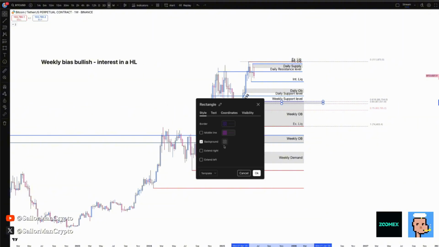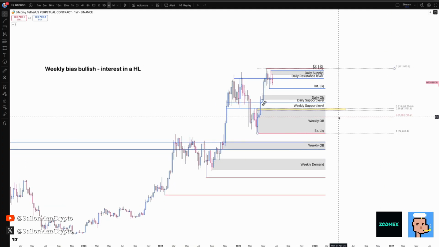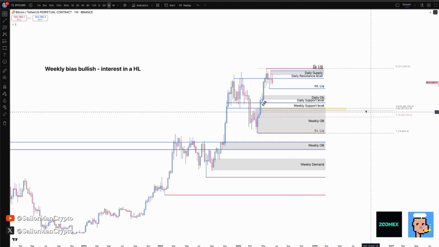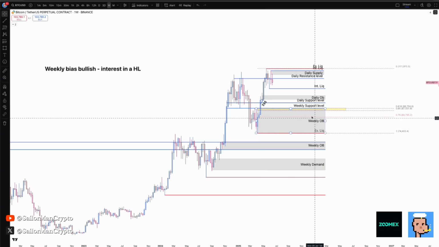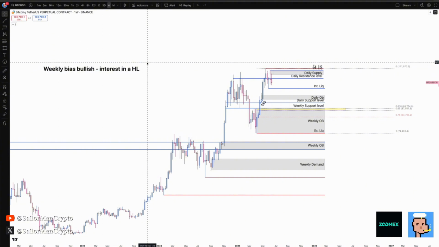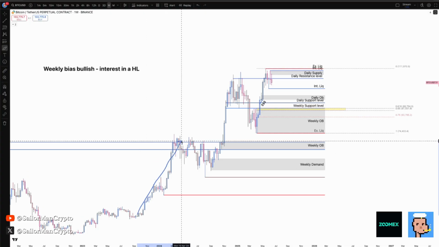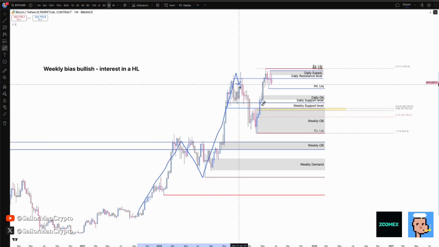The confluence of our levels from a weekly perspective: the golden pocket is exactly at the weekly support level, so you already get a confluence on the weekly, and the Fibonacci 0.75 is just in the middle of the weekly order block. So since we developed a bullish bias on the weekly, based just on market structure, we are interested in catching the next weekly higher low.